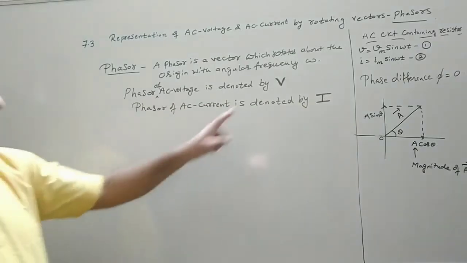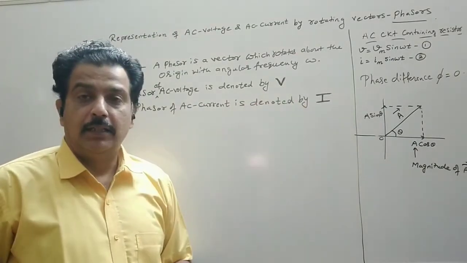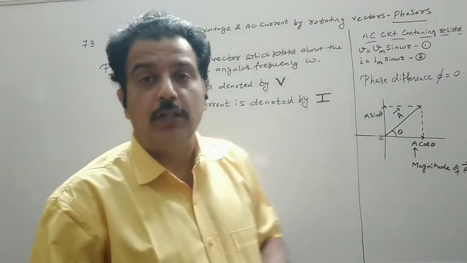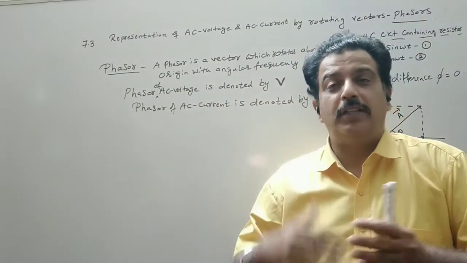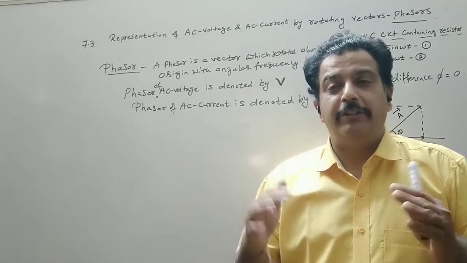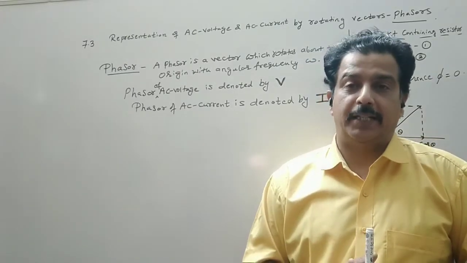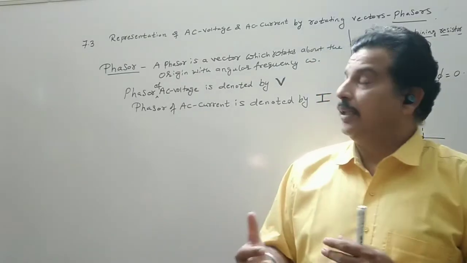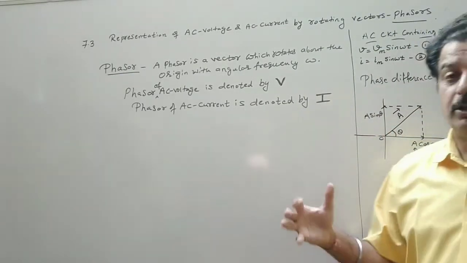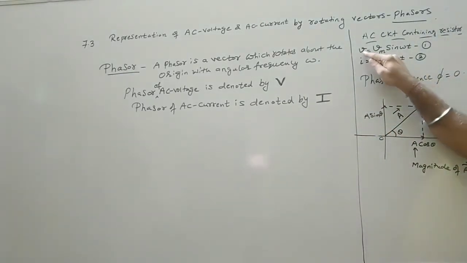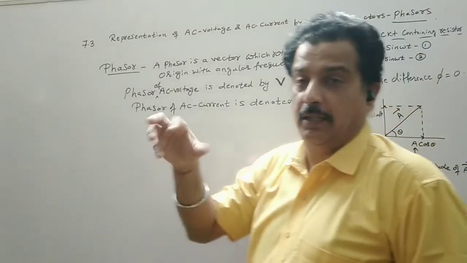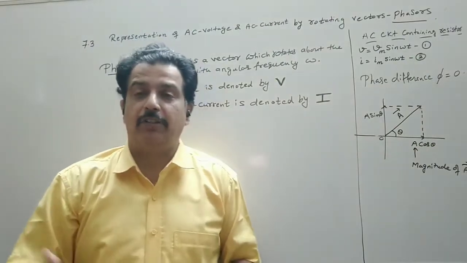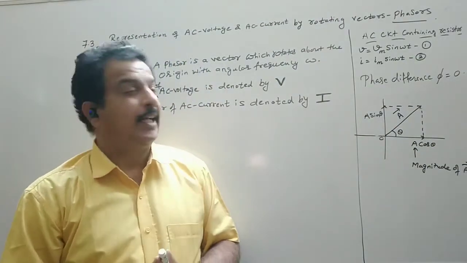So AC voltage and AC current are not vector quantities, but we will treat them as vectors. In the coming topic, we will treat the AC voltage and AC current as vectors, and we know a vector changes its direction.